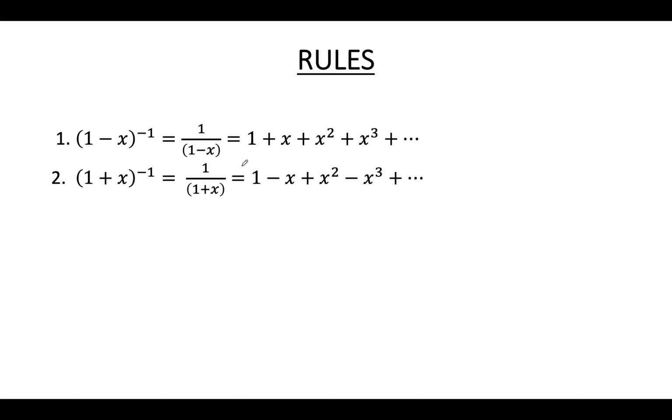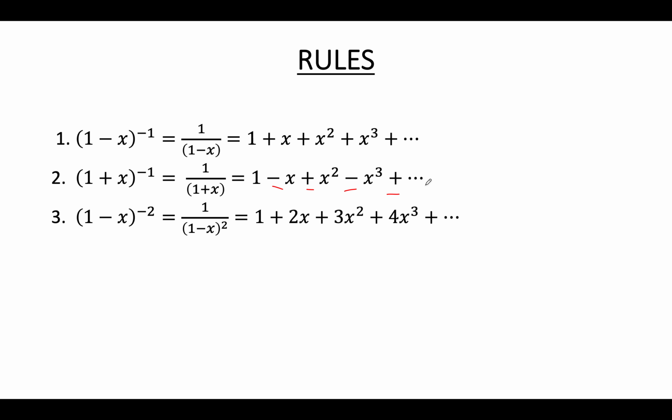And here it gives me the same as in the first rule. However, we can see here the alternation of the sign. So here 1 minus x plus x squared minus x cubed, and so on.